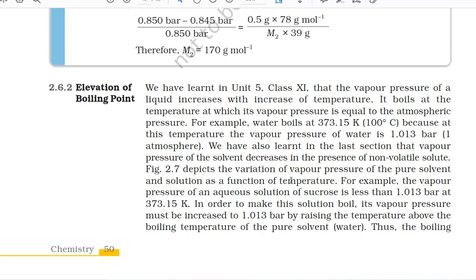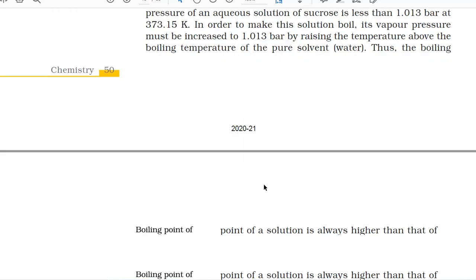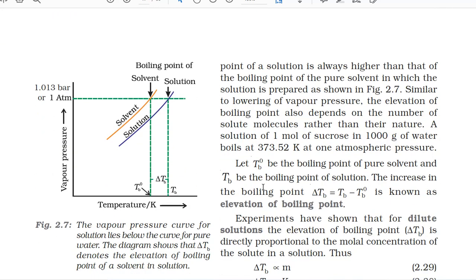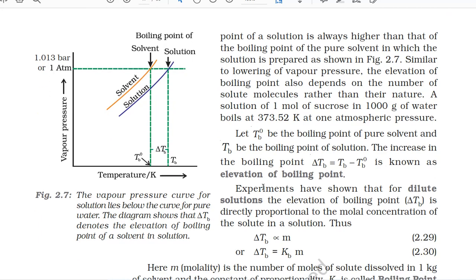In order to make this solution boil, its vapor pressure must be increased to 1.013 bar by raising the temperature above the boiling temperature of the pure solvent, that is water. Thus, the boiling point of a solution is always higher than that of the pure solvent in which the solution is prepared, as shown in figure 2.7.